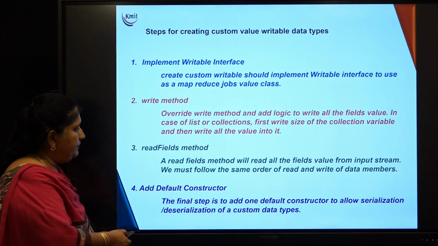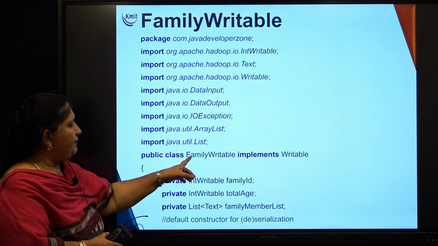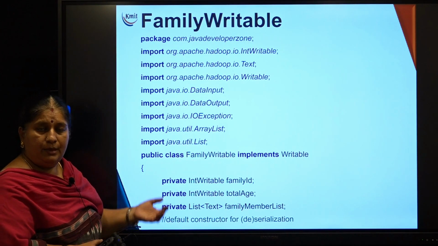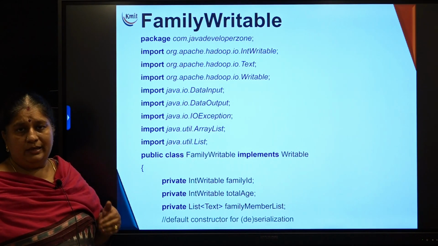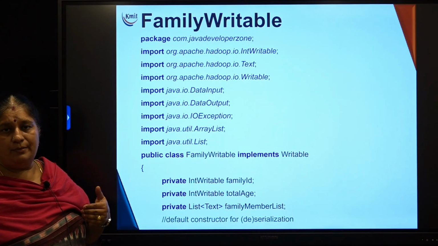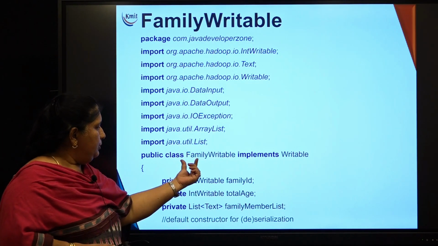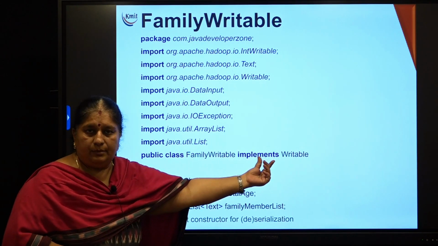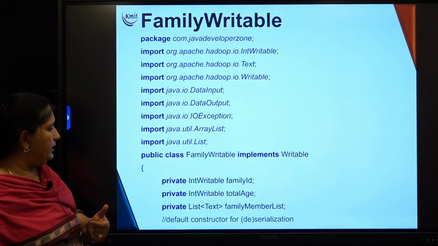There is no built-in writable class with this name. Because I am dealing with a family data set and I do not want to use the built-in writable classes, I want to implement my own custom writable called the FamilyWritable class. The first requirement of custom writable implementation is satisfied here.